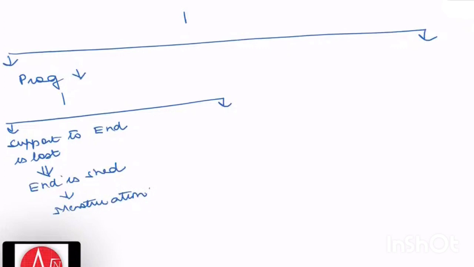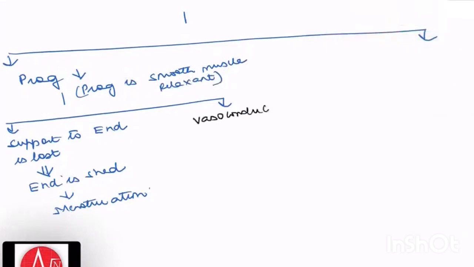इसके अलावा देखो प्रोजेस्टेरॉन जो होता है, प्रोजेस्टेरॉन is a smooth muscle relaxant. ये स्मूथ मसल्स को रिलैक्स करता है. तो जब प्रोजेस्टेरॉन डिक्रीज होगा it will lead to vasoconstriction. There will be vasoconstriction. इस vasoconstriction की वजह से PGF2 alpha will be released.